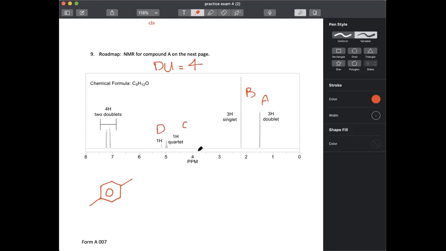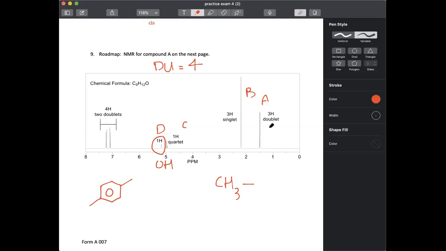Something that should stick out to you is this. What is that? Yeah, that's an OH, so we know we have an OH somewhere. Now the 3H doublet is a methyl. And what is it connected to?